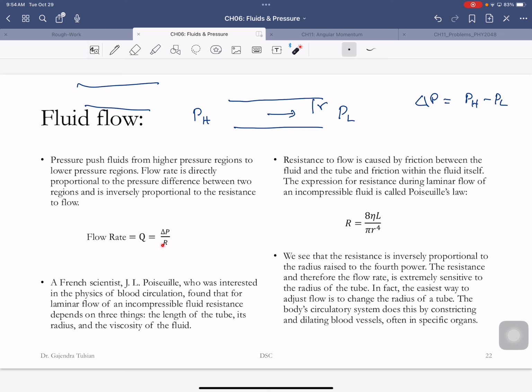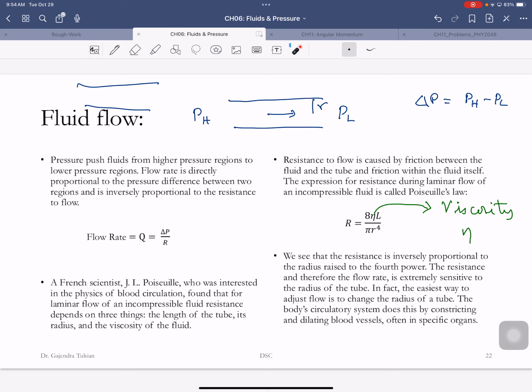Okay? And the resistance is given by this formula. See, the resistance is 8 eta L over pi r to the power 4. Eta is the viscosity, L is the length of the pipe, and r is the radius of the pipe. So if you want to reduce resistance, the easiest thing to do is increase r, the radius of the pipe, dilate the pipe.